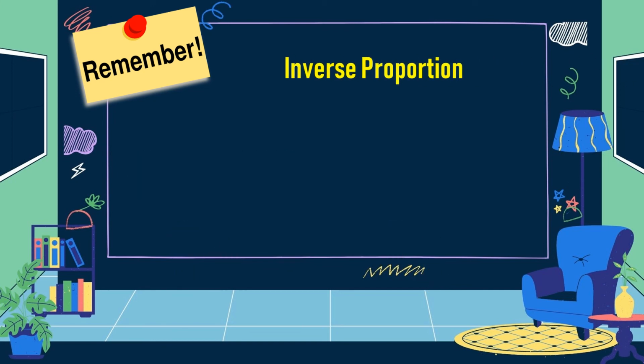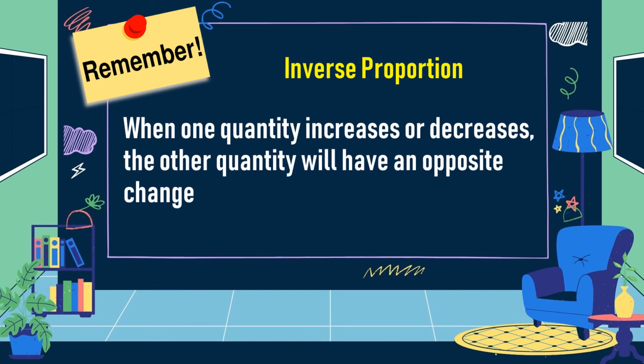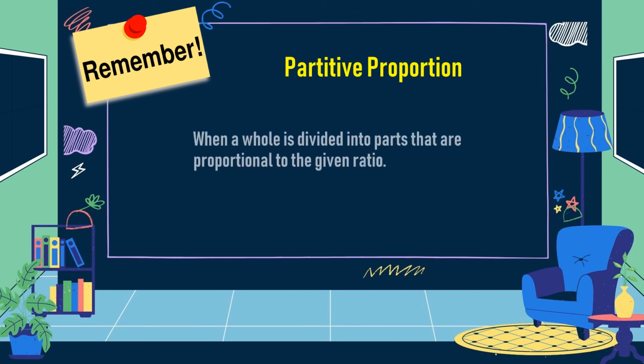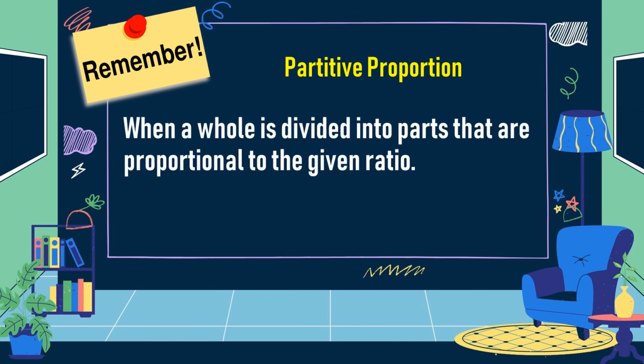Inverse proportion: when one quantity increases or decreases, the other quantity will have an opposite change. And lastly, partitive proportion: when a whole is divided into parts that are proportional to the given ratio.